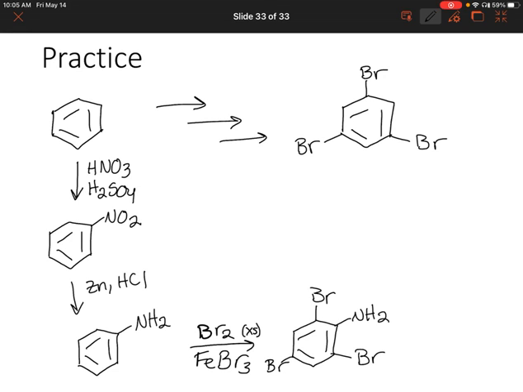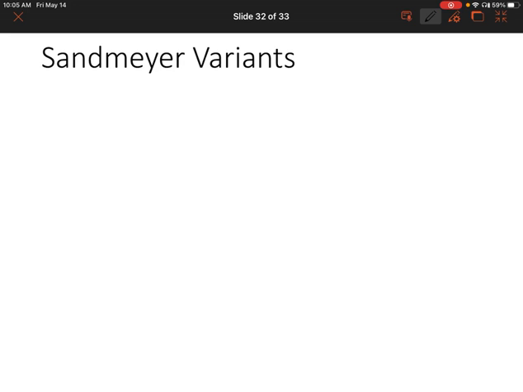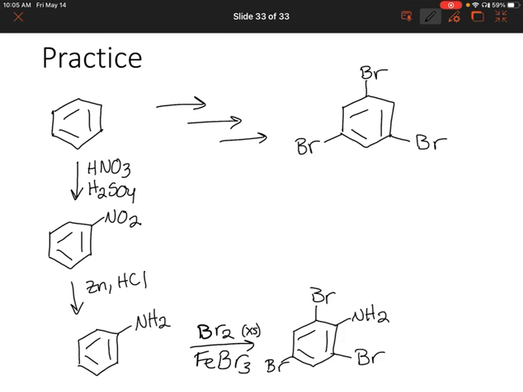Okay, now we have to figure out how do we get rid of that NH2 group? Well, remember on the last slide, oh, I deleted my drawings. Well, on the last slide, we had a diazonium salt and we reacted it with the hypophosphorus acid, which just replaced the diazonium salt group with a hydrogen. So what we probably want to do here is we're going to turn our NH2 group into a diazonium salt.